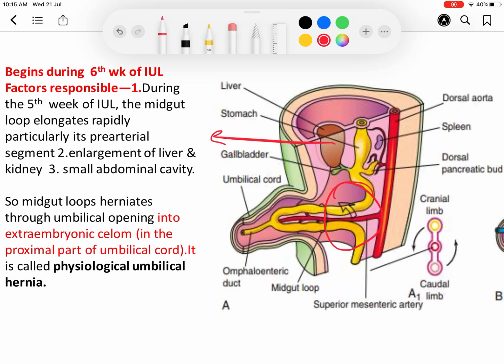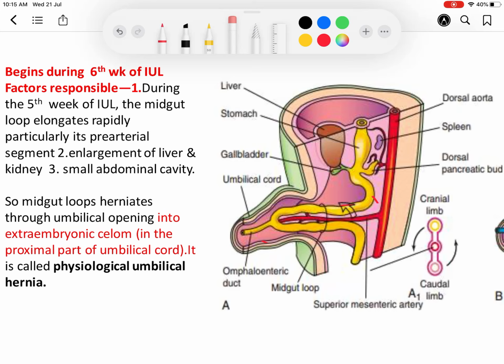That's why the loop of the midgut herniates through the umbilical opening and comes into the extra embryonic coelom. So this is the abdominal cavity, and the loop of midgut is herniated. In this diagram you can see it herniating into the proximal part of the umbilical cord, which has extra embryonic coelom.